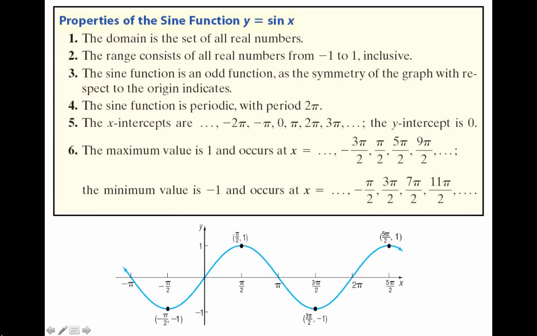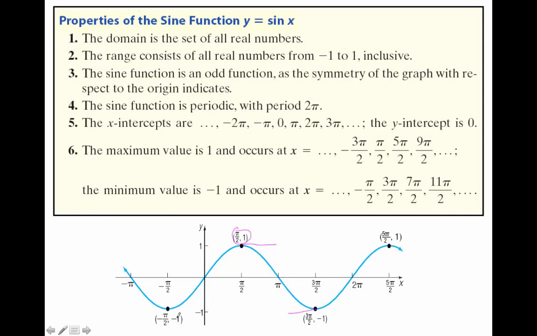Now here are some properties of the sine wave. The domain is all real numbers. We discussed that last time. The range is going to be all real numbers from -1 to 1, in other words, the y values. And this is inclusive, meaning it does get up to the 1, it does get down to the -1. The sine function is an odd function, meaning negating the input would negate the output.